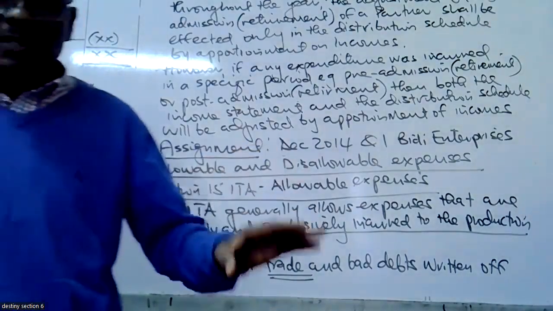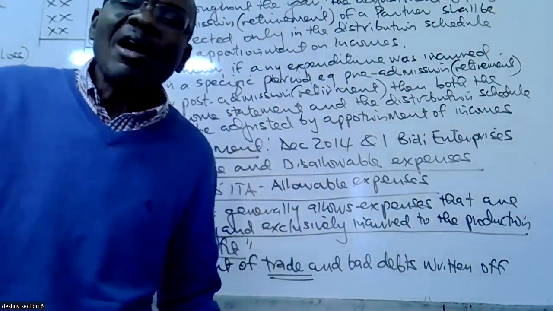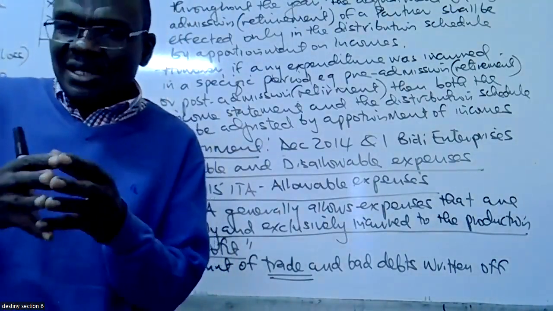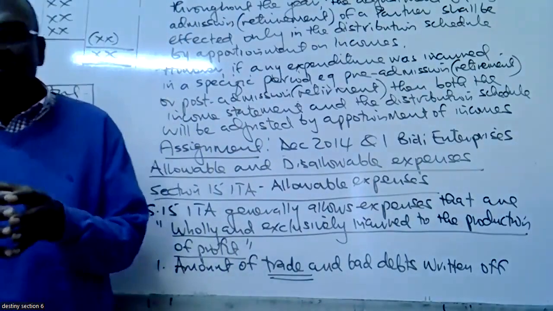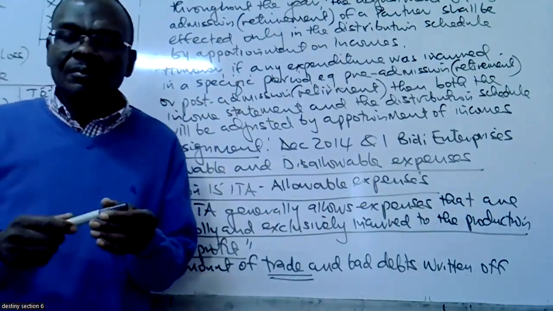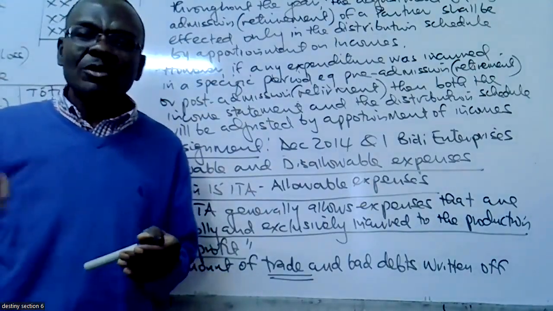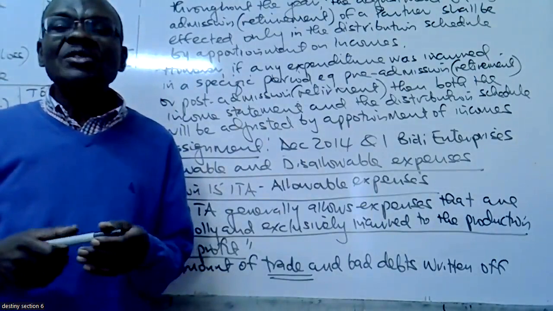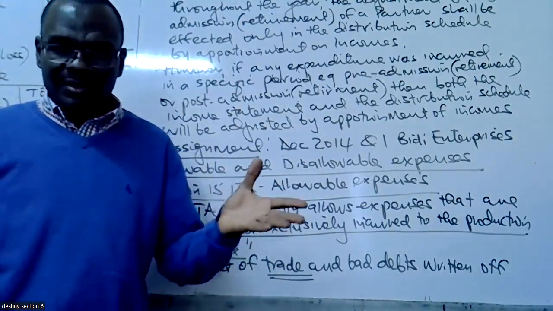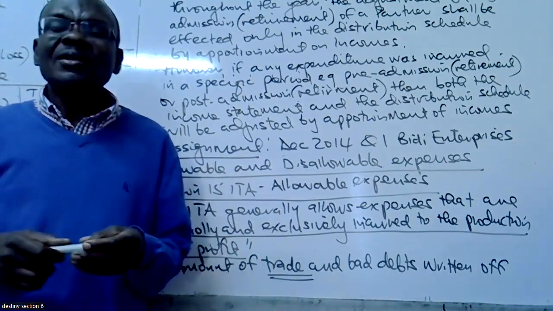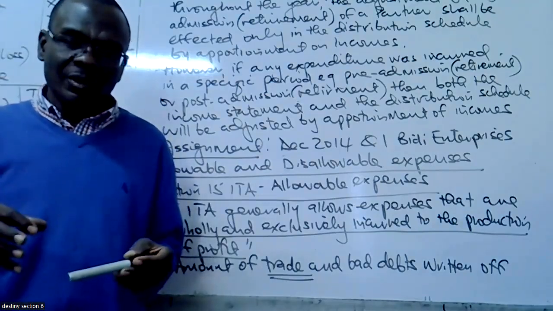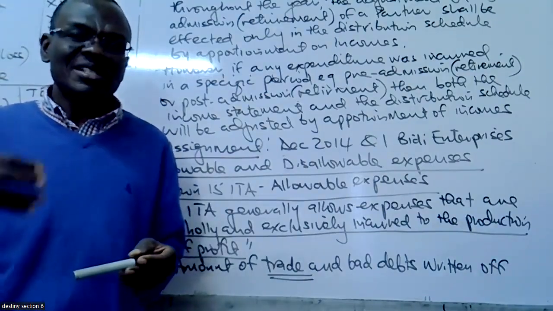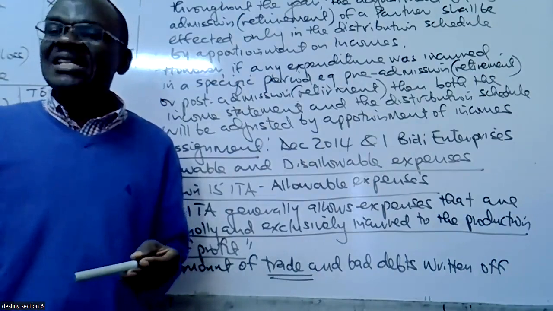Specific provision means one of our debtors, a particular debtor, has been declared bankrupt. Probably we had sold goods to this debtor amounting to 300,000 shillings, just as an example, and we even have documentary proof that this debtor is now bankrupt.